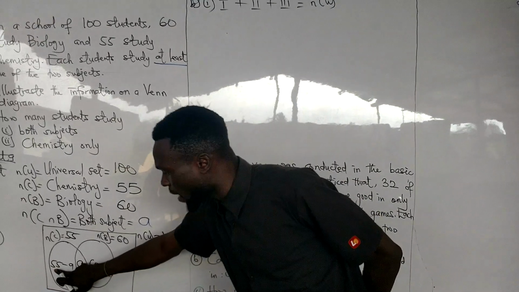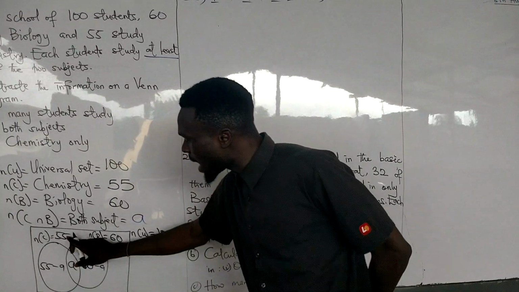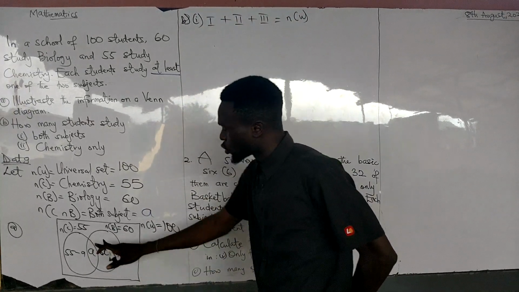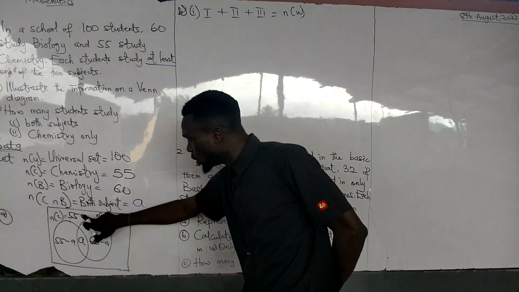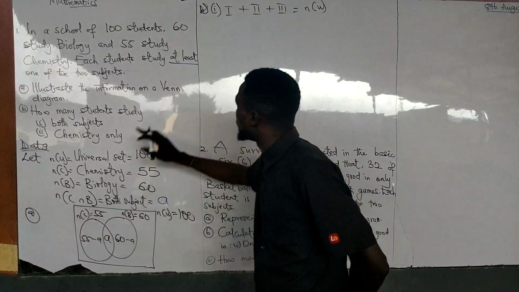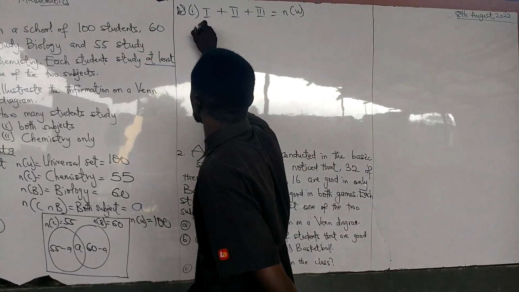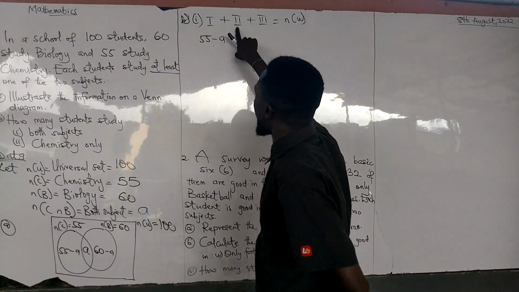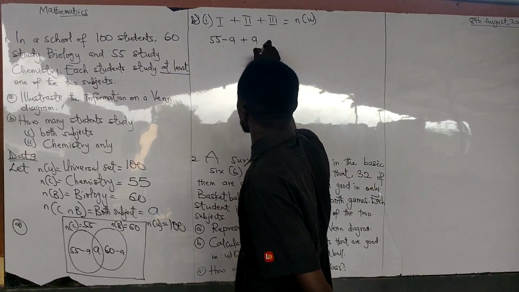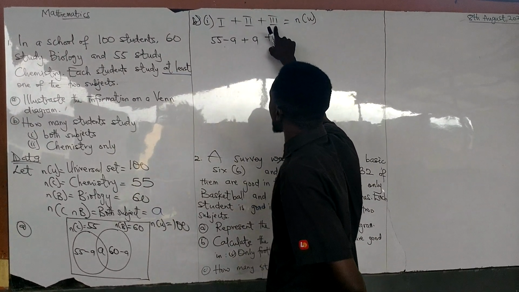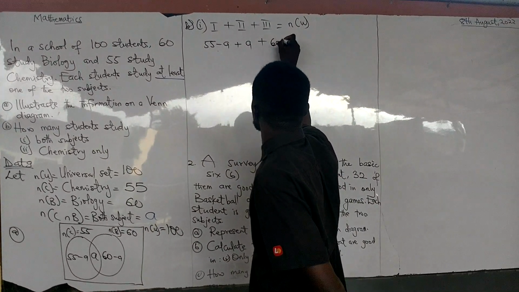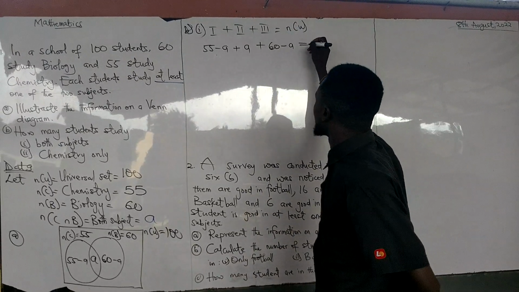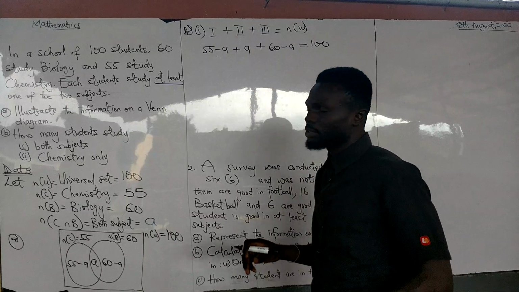I have 55 minus A. Remember, we brought the 55 here because it is not "only." If it was "only," we would bring it here. So region I is 55 minus A, plus region II is A, plus region III is 60 minus A, which is equal to the universal set. From the question, it is 100.